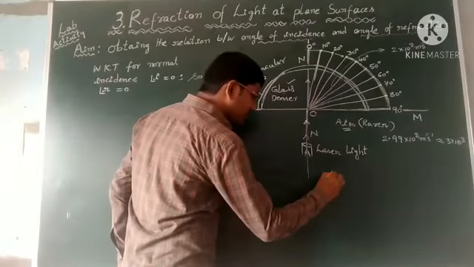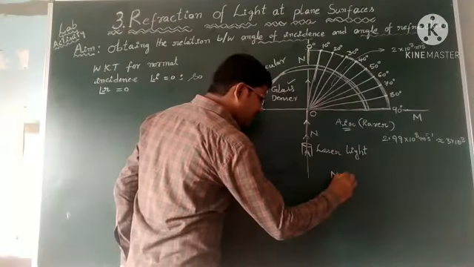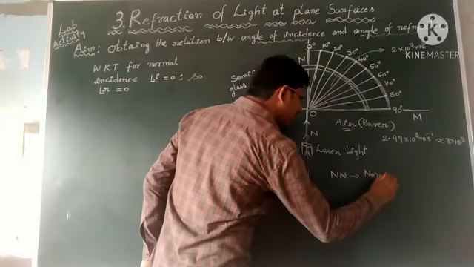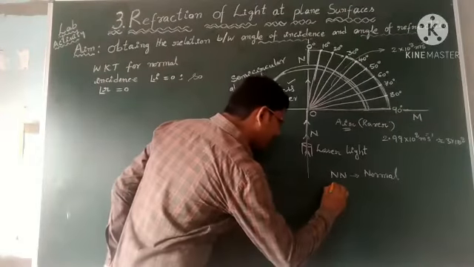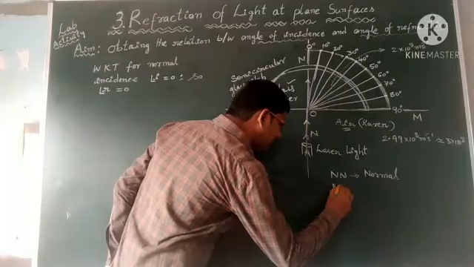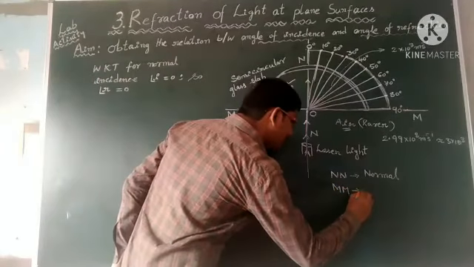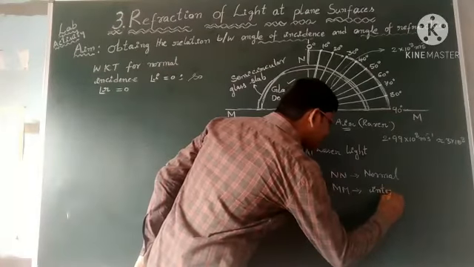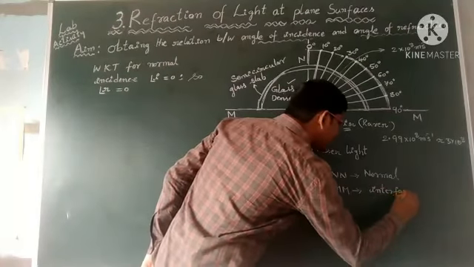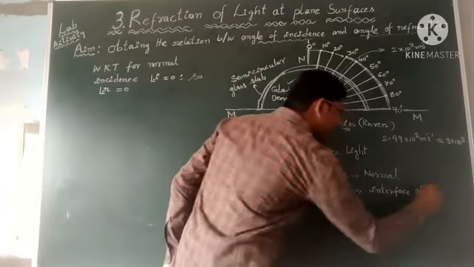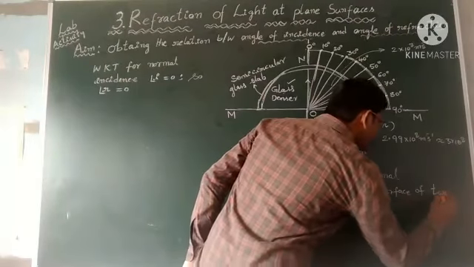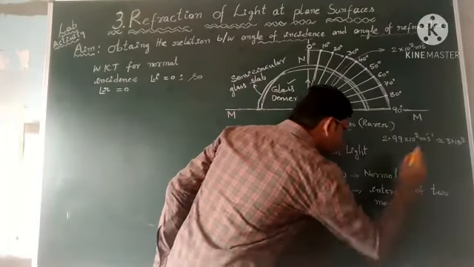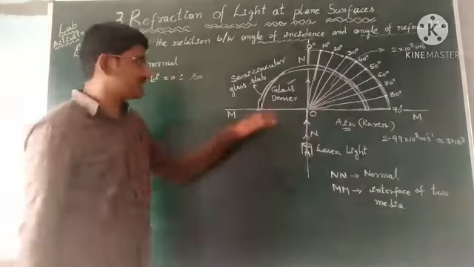From the start we have taken NN to represent the normal, and MM represents the interface of two media, which separates the two media.